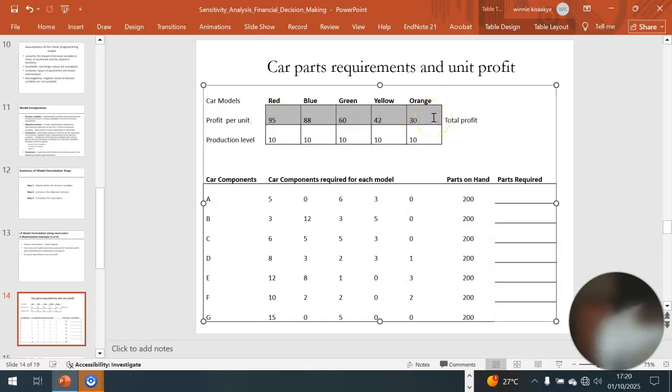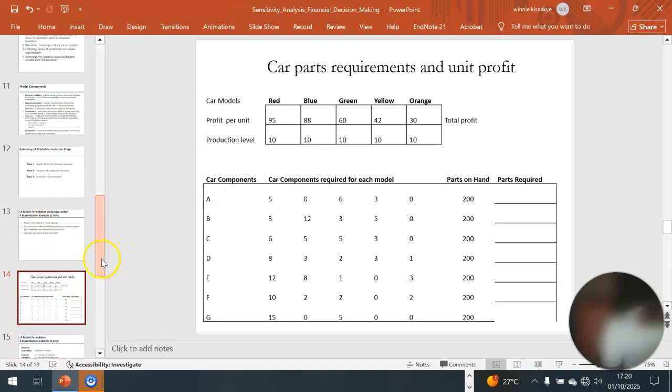We want solver to determine the exact levels of production, the amount of each car model that we need to be producing to maximize profit while fitting within our available resources, and those are the parts on hand.